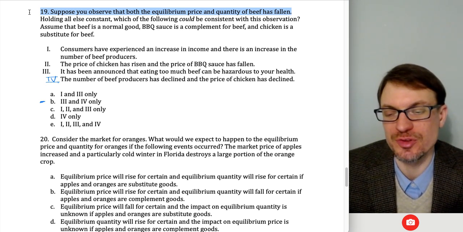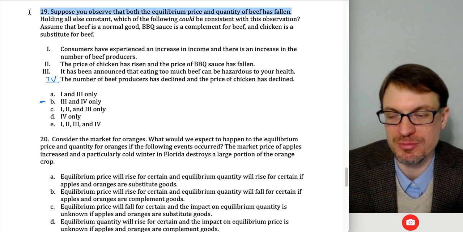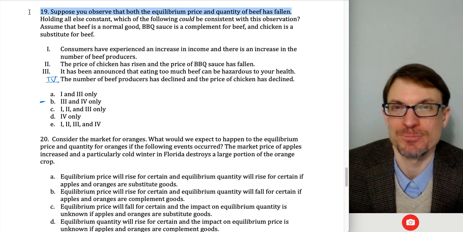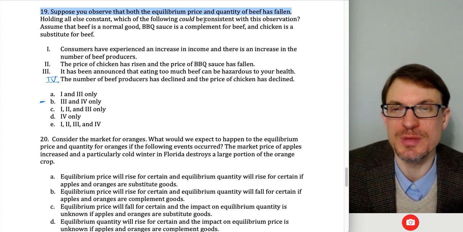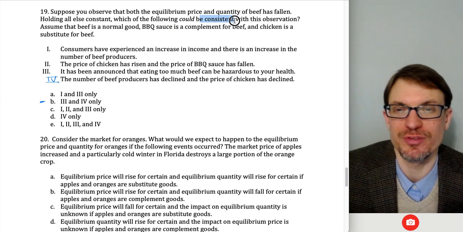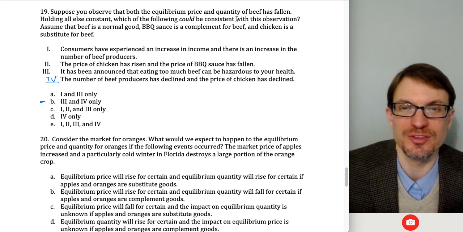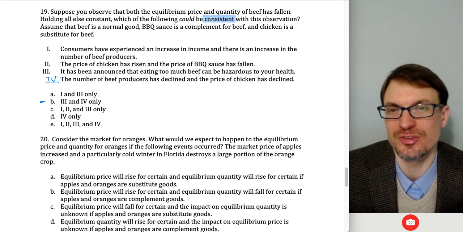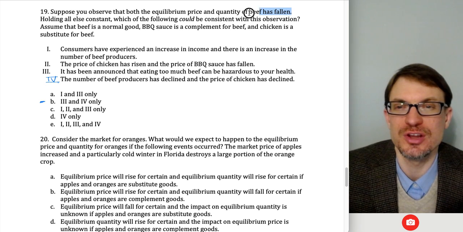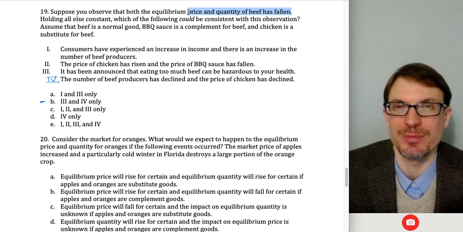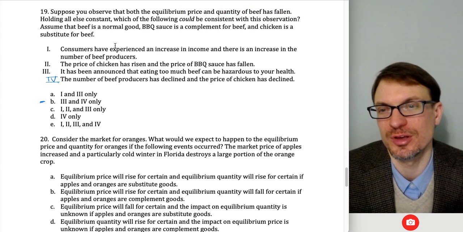It must be a decrease in demand because price and quantity went in the same direction and it was lower. So I'm always looking for things that give me a decrease in demand. I could get a decrease in demand and then an increase in supply or a decrease in supply, as long as the decrease in demand is the dominant effect. So that's what I'm going to be looking for.